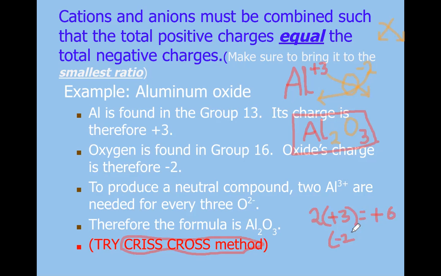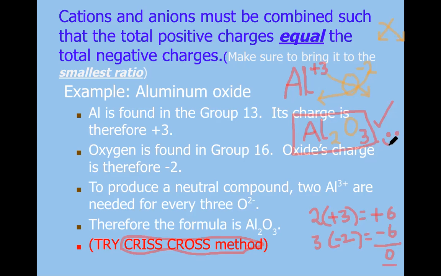And I told you there are 3 oxygen. You see the number 3? So 3 oxygen. So how much is 3 times -2? Yes, you are right. -6. So if you are doing our job correctly, then that should be 0. Yes. See, positive and negative charges are equal. So that means we got the right answer. We are doing our job correctly.